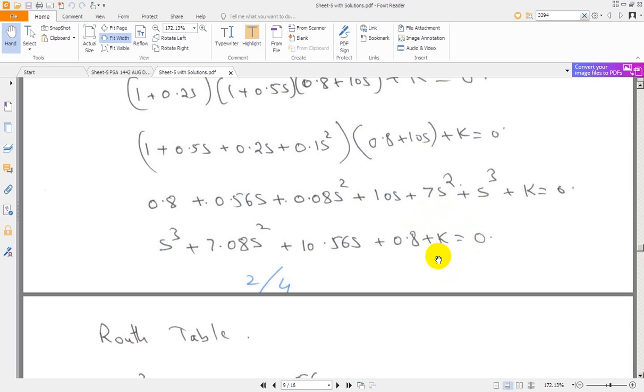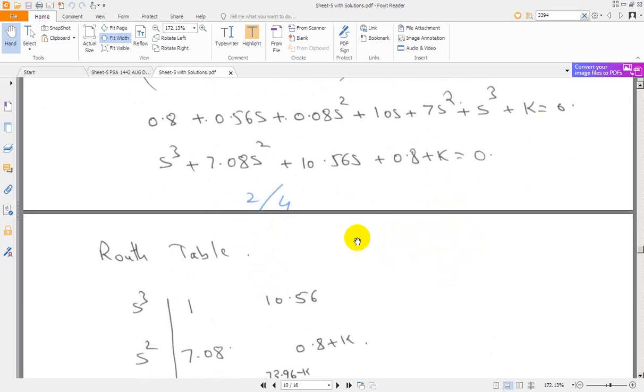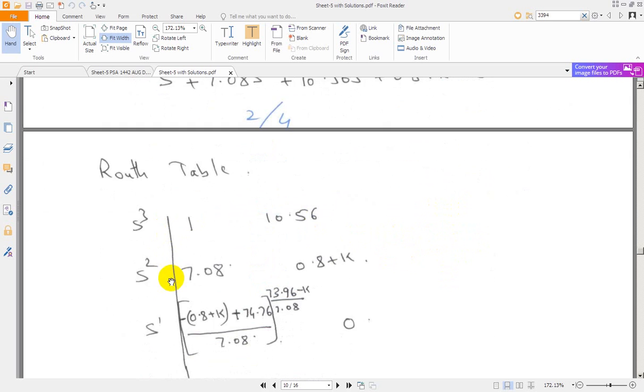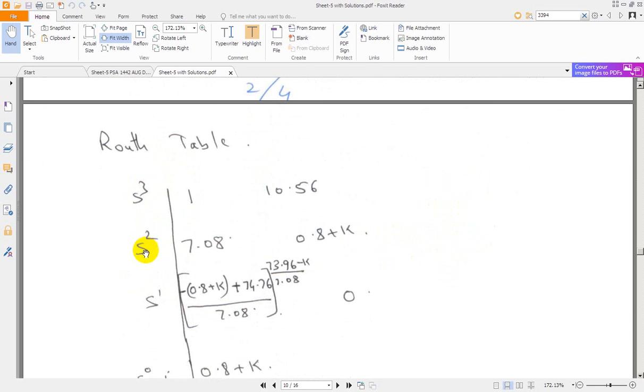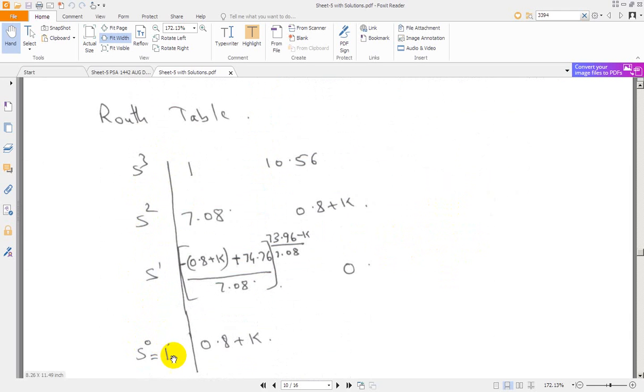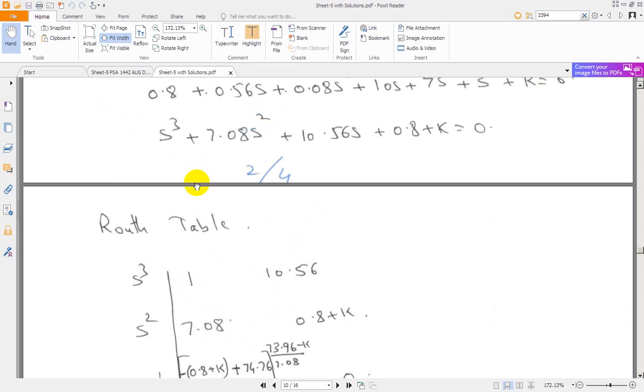We need to evaluate the range of this k value for a stable system. So let us use the Routh's table. To start with, s cube, s square, s power 1, s power 0. The coefficient of s cube is 1, alternate parameter 10.56. Then the coefficient of s square is 7.08, alternate parameter is 0.8 plus k.